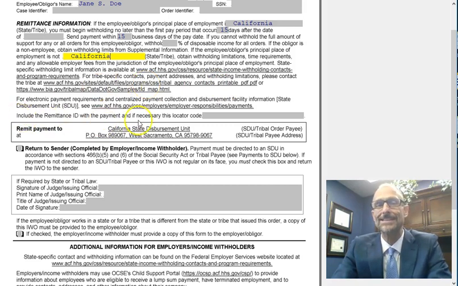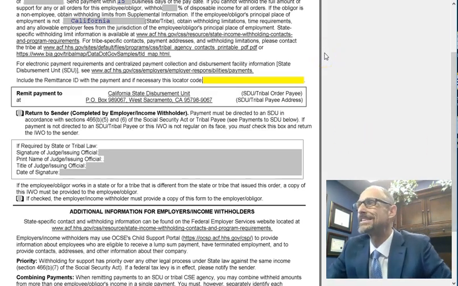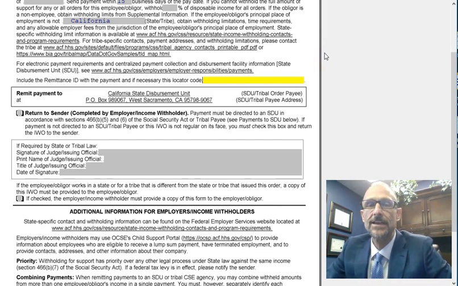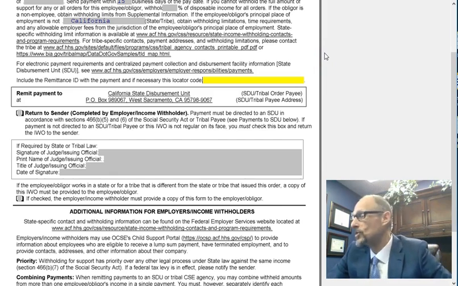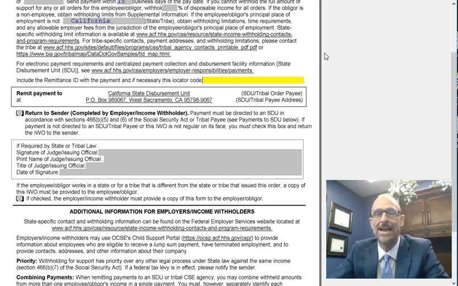Include the remittance ID. You don't have one. That's a government thing. So just leave that next box empty. Remit payment to, and it's telling them to send the payment to the State of California distribution unit. It's where they collect child support and then they send it out to you. It's how it's always done.